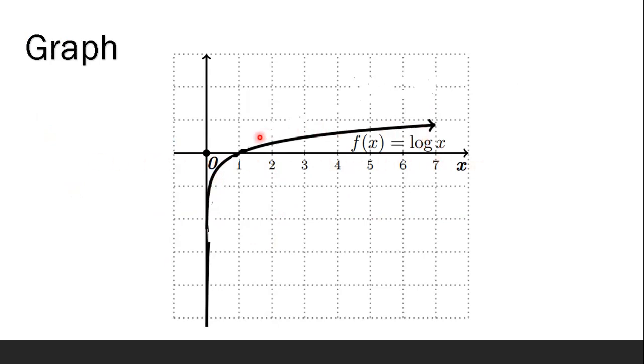If it approaches 1, look here, this is the 1 of x, our f of x is getting closer and closer to 0. And this is how we illustrate the table.